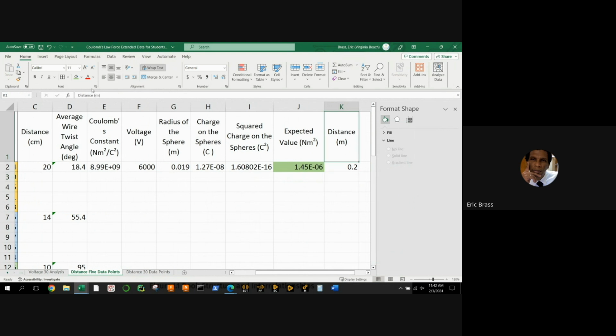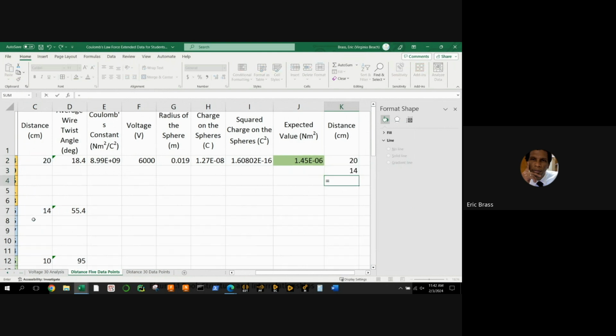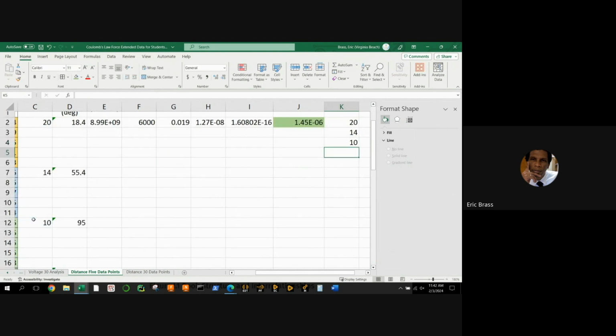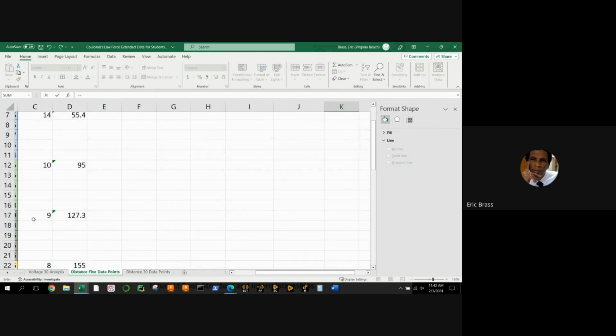You know what? Before I do that, I'm just going to say equals to 20. It's just going to be more difficult for me to manage this if I don't put this like this.